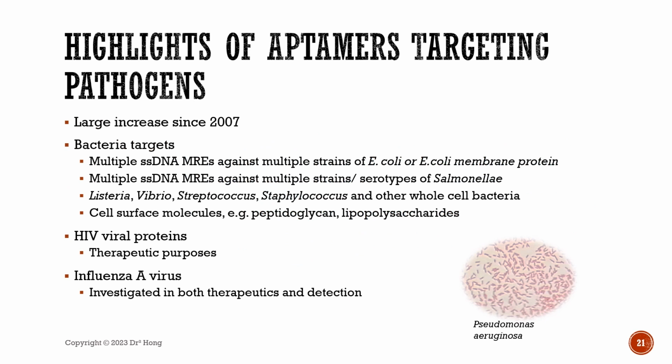In terms of diagnostic applications, early works were mostly on protein targets, but there has been a huge increase in selections of aptamers against bacterial host cells since 2007. A lot of these bacteria are contributors to food poisoning, and it is important to have a very sensitive way to detect these organisms in food samples.